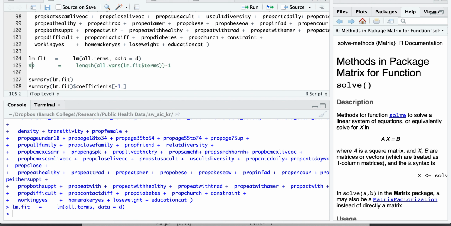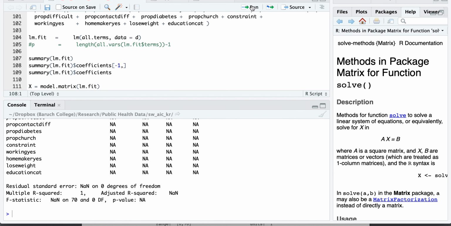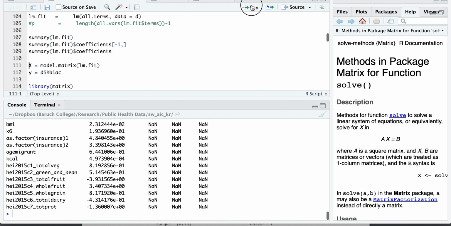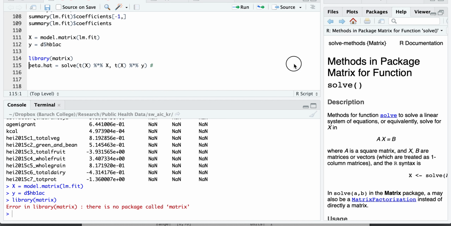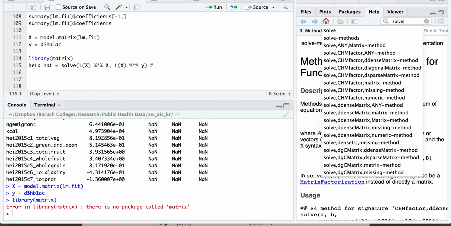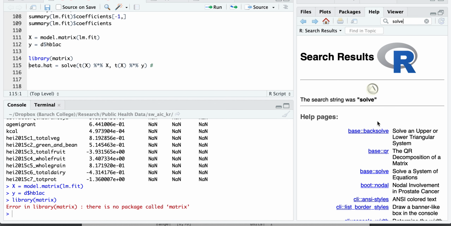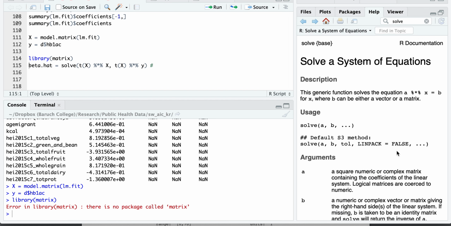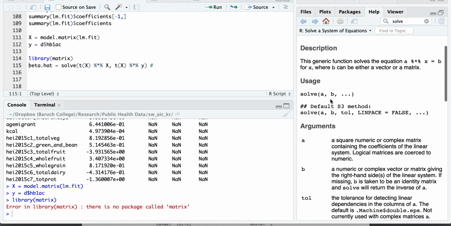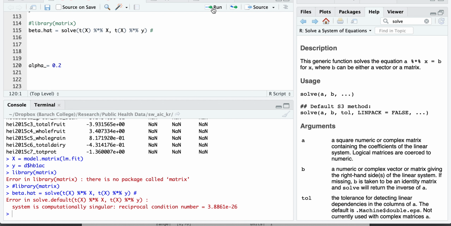This is not P. It's misleading. I don't know, maybe I don't need it. You see, it says error.